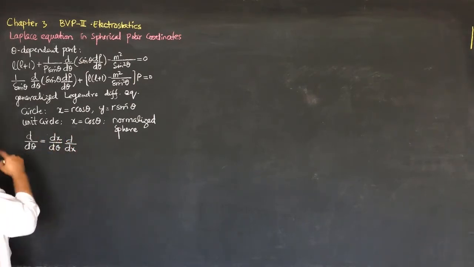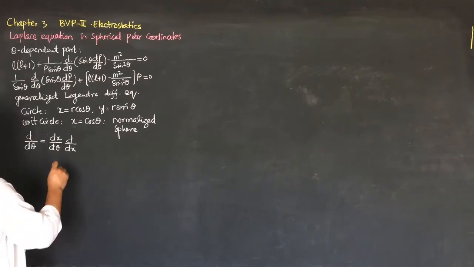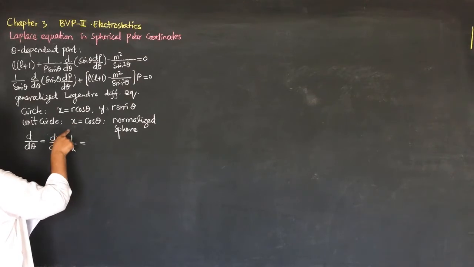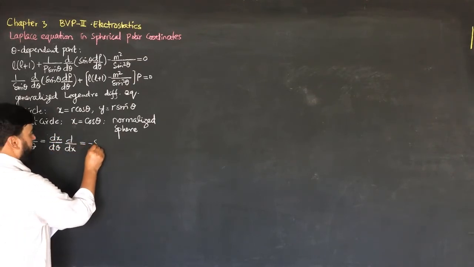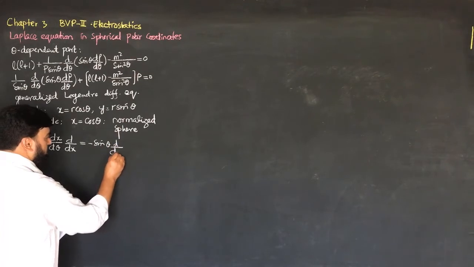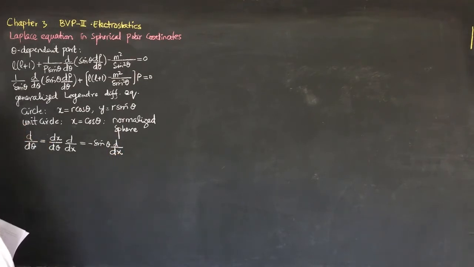Now from here, I know that dx over d theta is equal to minus sine theta, so d over d theta is equal to minus sine theta d over dx.